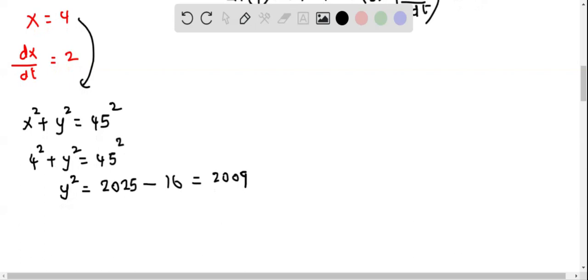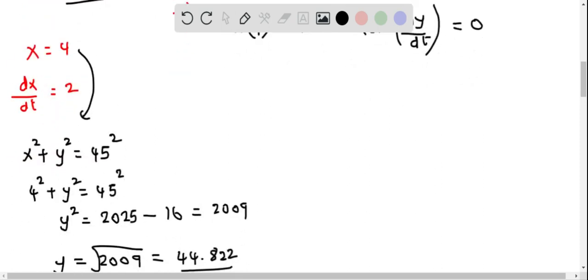Therefore, y is the square root of 2009, which using the calculator is approximately 44.822. This is the corresponding value of y when x equals 4 centimeters.